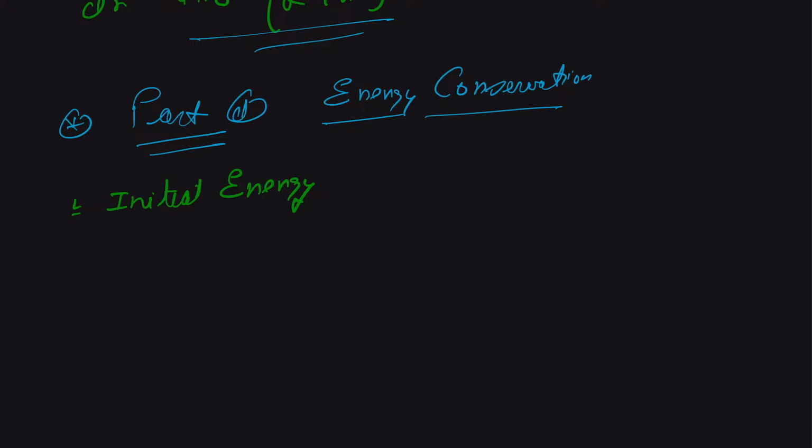The initial energy is at infinity because it is very far, and it is starting from rest, so the kinetic energy will be equal to 0 and our electrostatic potential energy will also be equal to 0.